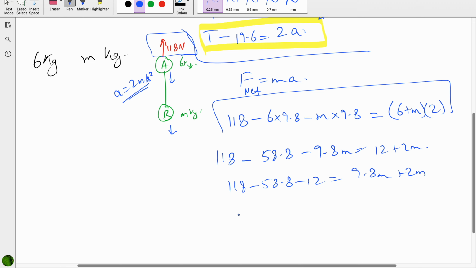So 118 minus 58.8 minus 12 is 47.2, and on the other side 11.8 m. So mass is 47.2 by 11.8, which is 4 kgs. Clear?